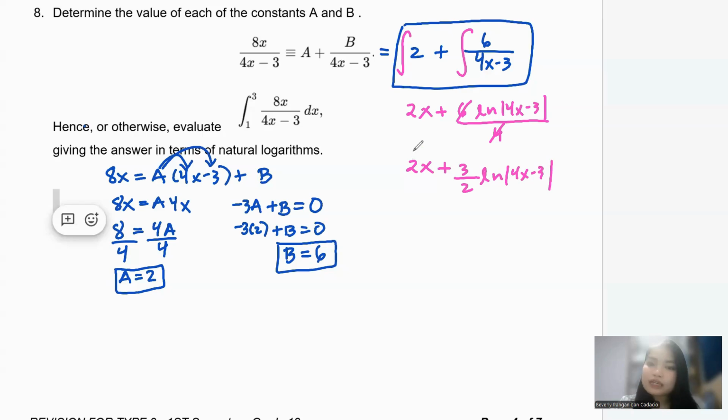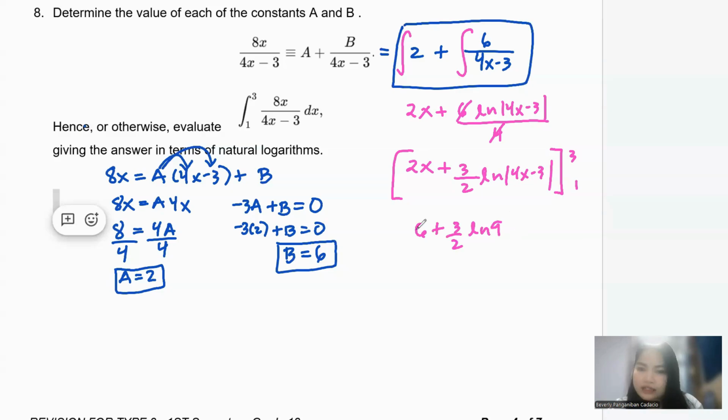Then with that, I want you to substitute now your upper and lower limits, which are 3 and 1. The first one, you will have 2 times 3. You know that, it will become 6 plus 3/2 ln (4 times 3, 12 minus 3), that will be 9. Am I on the correct track? Yes, 9.